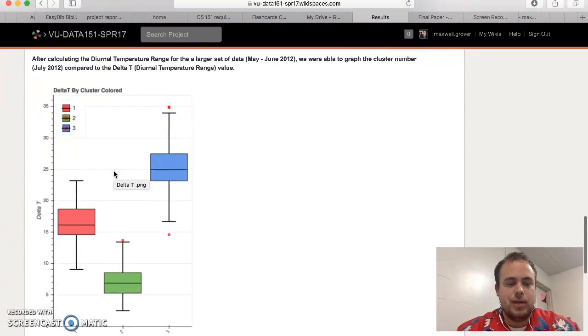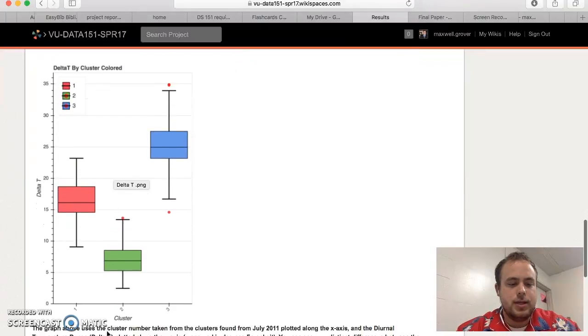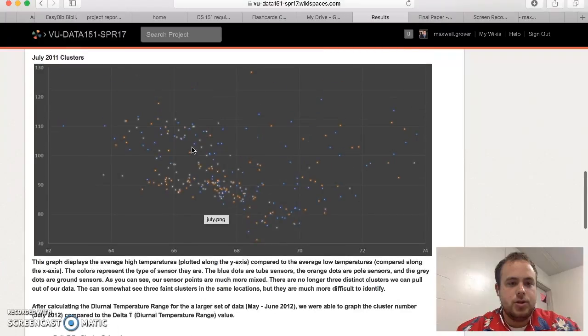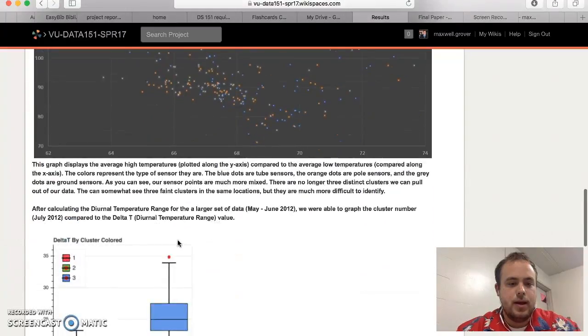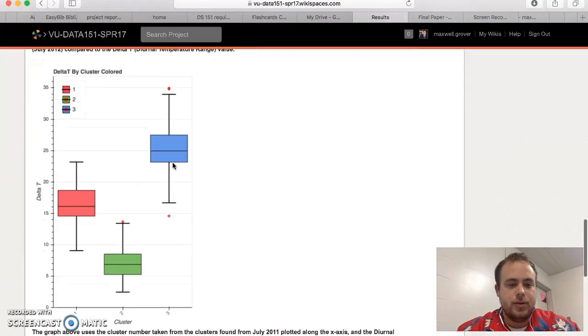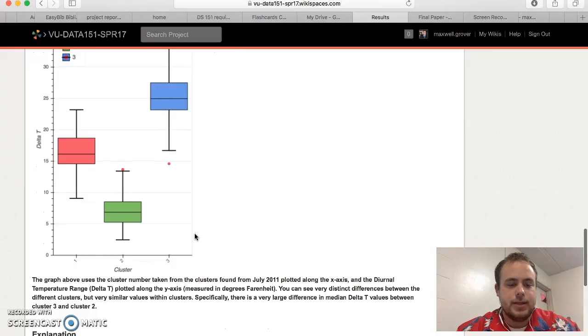Then we also did our delta T calculation, which is a really interesting graph. You can see our clusters 1, 2, and 3. This is taken from May to July of 2011 up there. You can see here that we had very different delta T values, which is basically the maximum minus the minimum temperature value throughout the day, which was a very good indicator of the existence of microclimates.